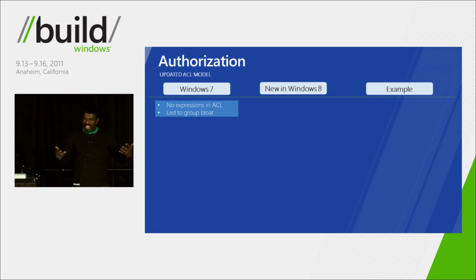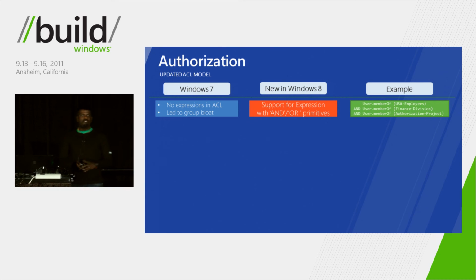Because of this, when I have to build intersecting sets, I am forced to create new groups and manage these groups. It adds additional management complexity, and you see a huge explosion of groups within your organization or your enterprise. Now, in Windows 8, we've added full expression-based support.